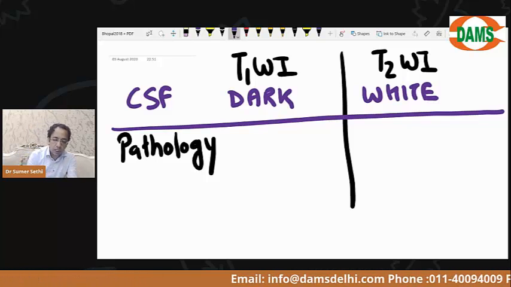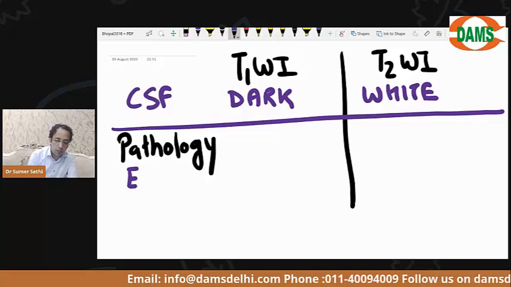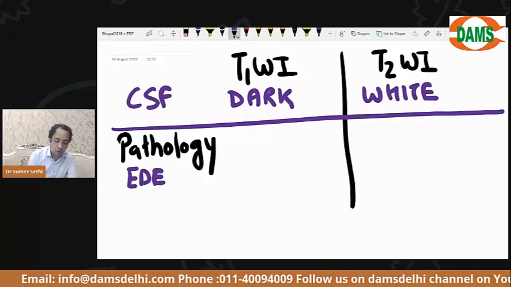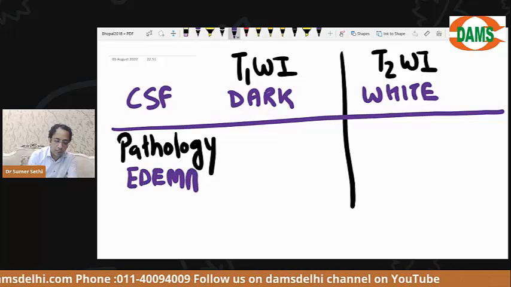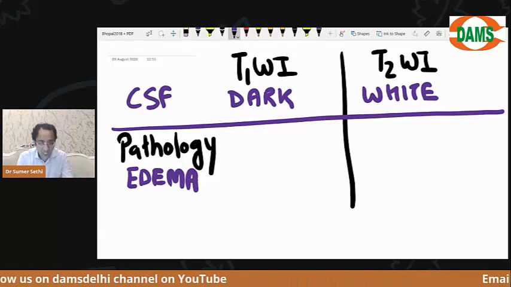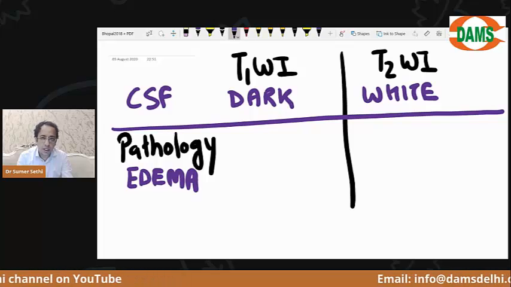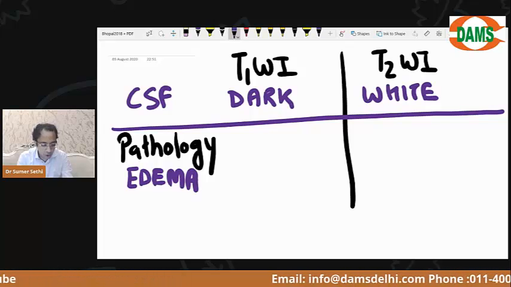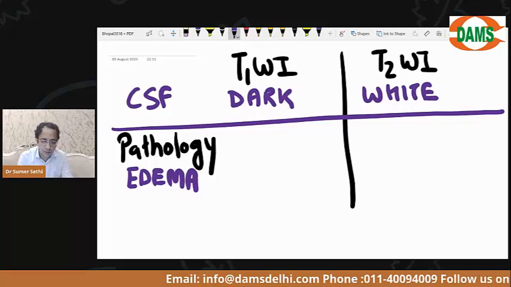Do you agree? Where there is a disease, there will be swelling, and we will call it in technical language edema. Everybody understands? Wherever you have a disease, that area will have some edema. We know this from our common sense.